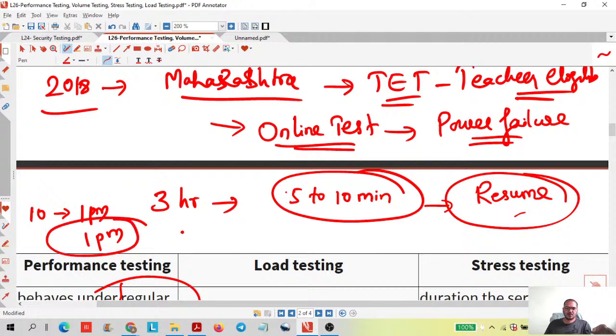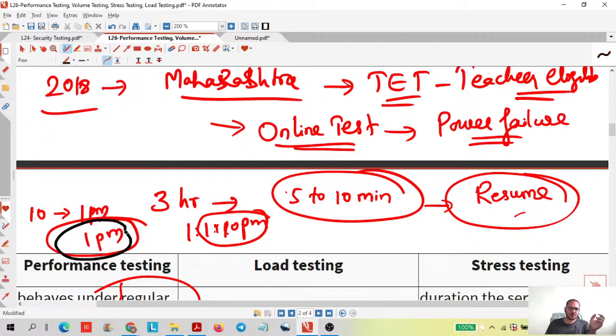For some people it was extended to 1:10, because the time was paused when the system turned off, and when they started again it resumed, so their test ended at 1:10, while some people's test ended at 1 p.m.